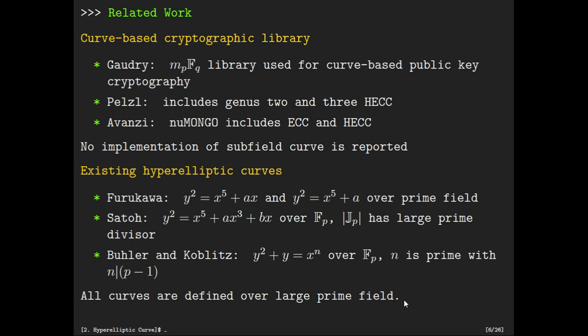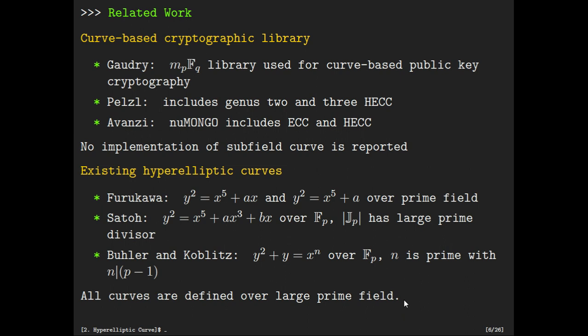There also exist a few families of hyperelliptic curves. Furukawa proposed y squared equals x to the power 5 plus ax over a large prime field, and also proposed another family, y squared equals x to the power 5 plus a. Satoh developed a probabilistic polynomial time algorithm to identify whether a curve y squared equals x to the power 5 plus ax cubed plus bx is suitable or not, that is, whether the order of the Jacobian has a large prime divisor.